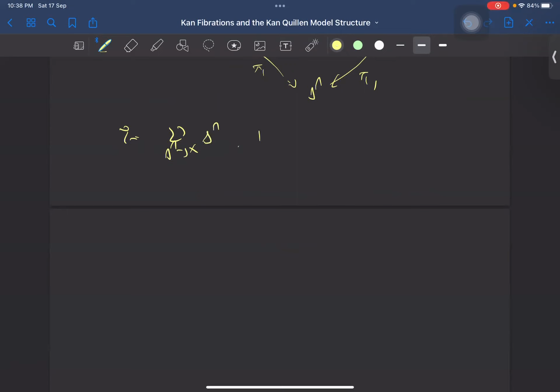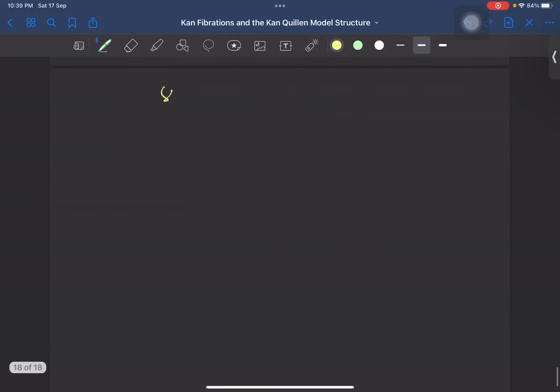So then the map y to x is a surjection, right? So then, I think it's important to write this, since this map is clearly, yeah, a fibration.